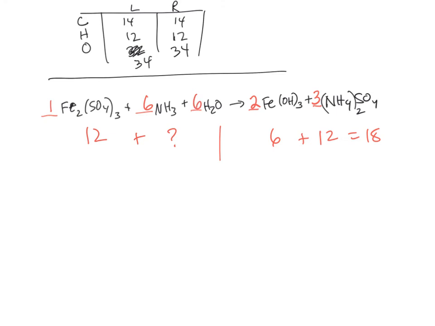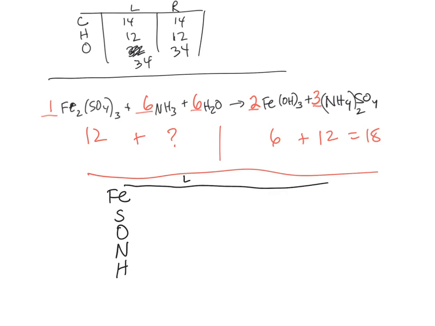Now this is worth checking. It's definitely worth checking here. Complicated system. All right, so then you want to put iron, sulfur, oxygen, nitrogen, hydrogen for the left and for the right.